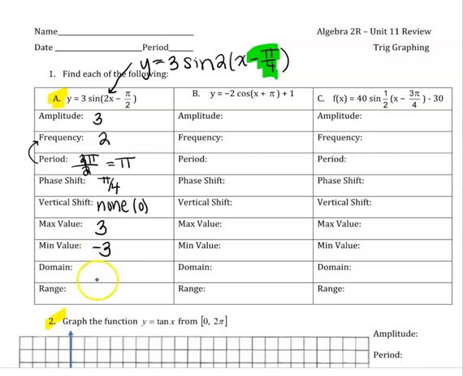My domain of sine or cosine, no matter what, is going to be all reals, but my range is dependent on these max and min values. So my range is going to be from -3 to 3. Make sure you put the low number first and you use hard brackets.